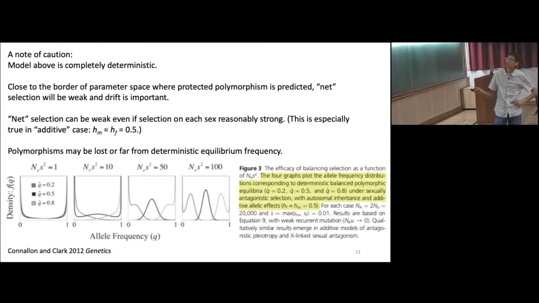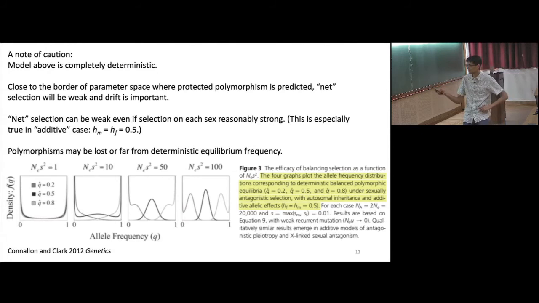Even with genetic drift, this shows the distribution of where you're likely to find yourself, and you stay somewhere that looks pretty good, pretty close to 1/2. Or in this case, it's supposed to be at 0.75, and it's pretty close to that. But as you make the effective population size smaller, less and less of your distribution is at that equilibrium point. And if selection is weak relative to drift, then most of the time you are very close to the boundaries and may well have lost the variant completely.